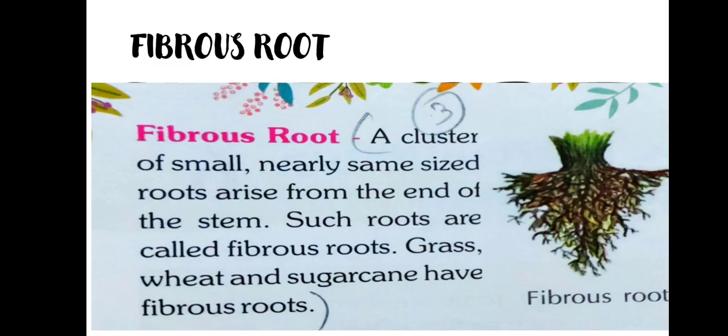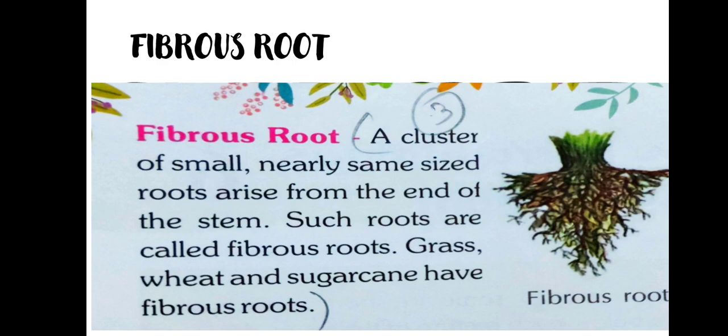Second is fibrous root. A cluster of small, nearly same-sized roots arise from the end of the stem. Such roots are called fibrous roots. Grass, wheat, and sugarcane have fibrous roots. Cluster means a group of small, nearly same-sized roots arising at the end of the stem.